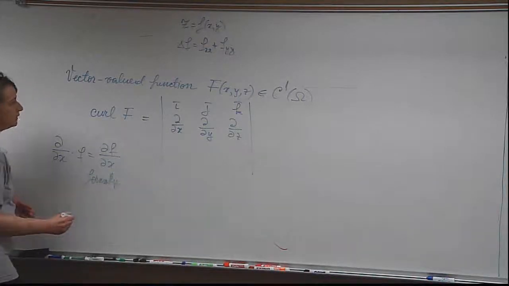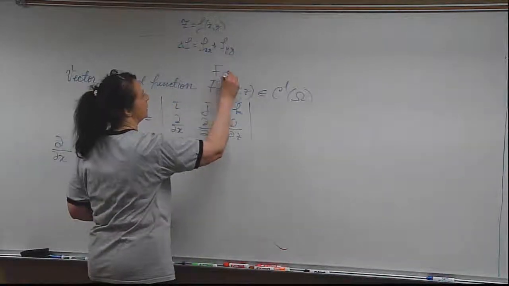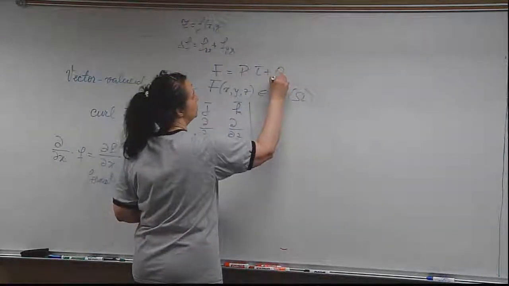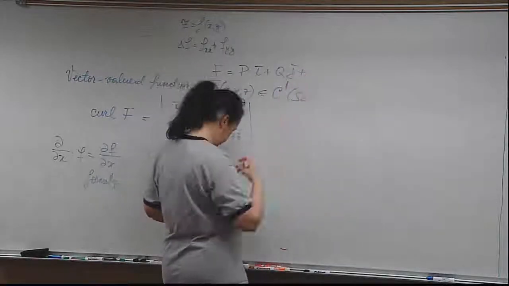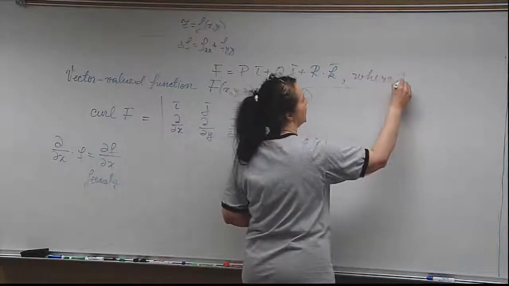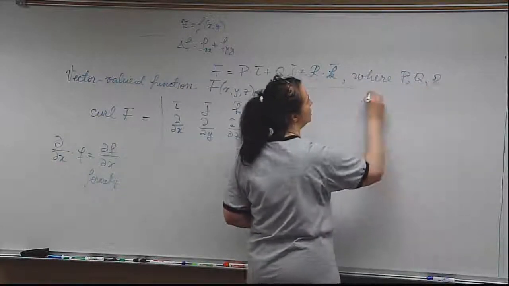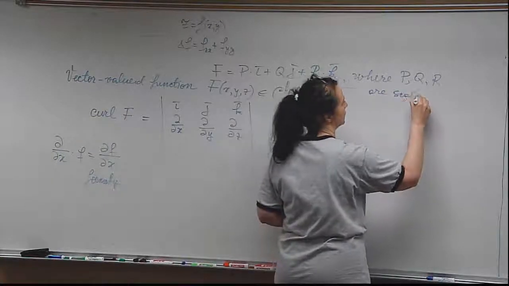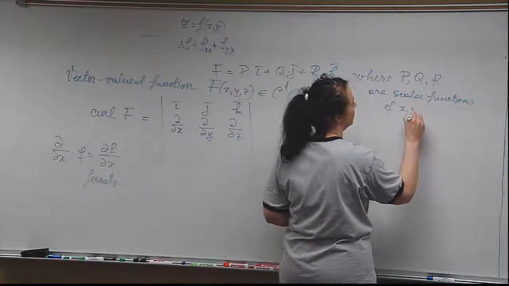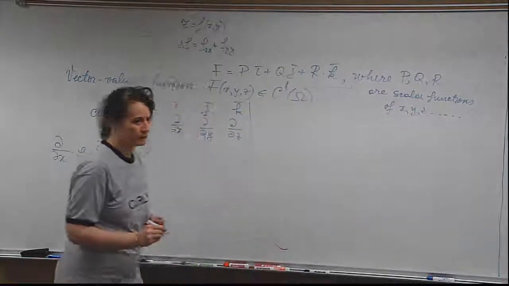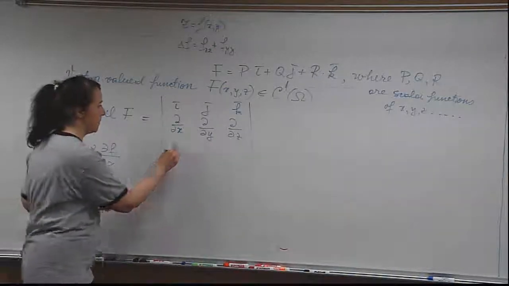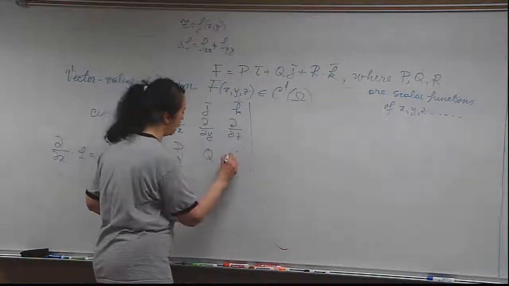All right, so in this case, if F is Pi plus Qj plus Rk, where P, Q, and R are all scalar functions of x, y, z, then we will not forget it, and you're not going to need my t-shirt.